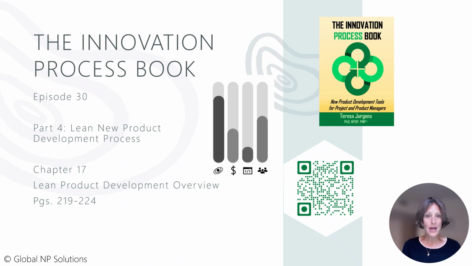Part two covers Agile and Scrum for new product development. Part three covered the WAGILE process for new product development. Yeah, WAGILE is a made up word between waterfall and Agile, but it represents the structure of that system very well. We are just starting in this episode number 30, part four, lean new product development processes.